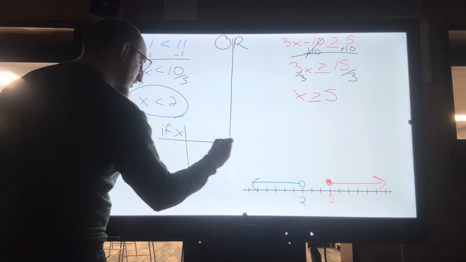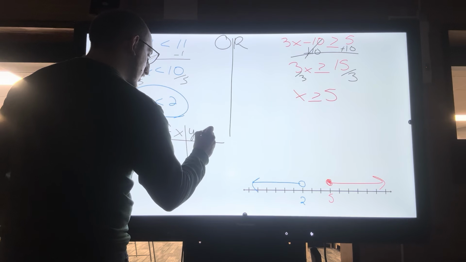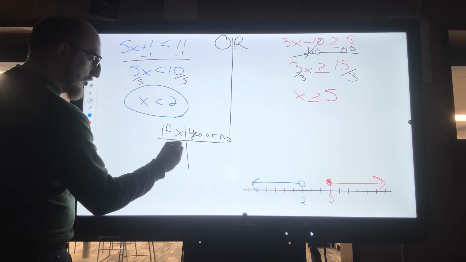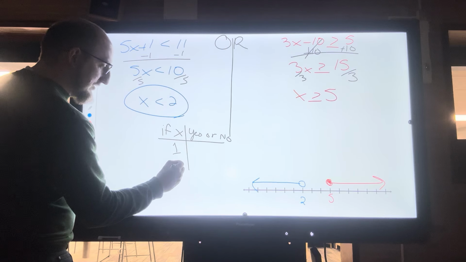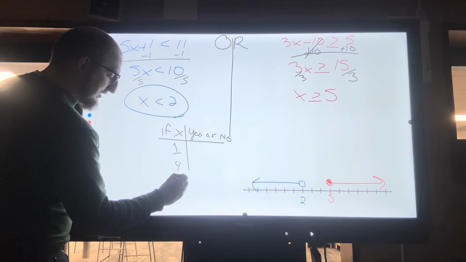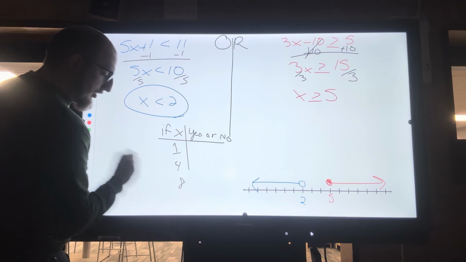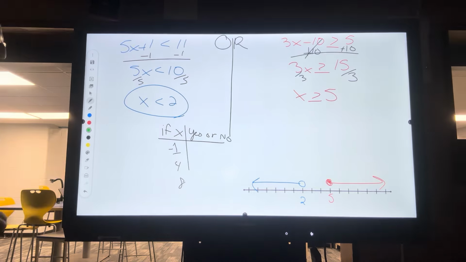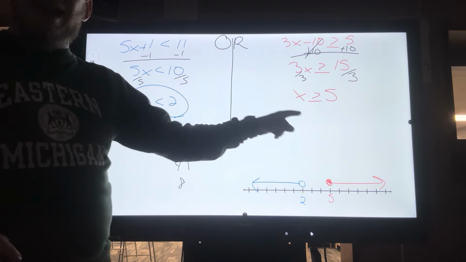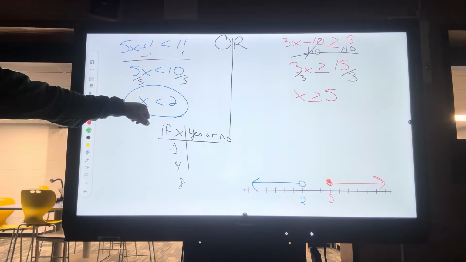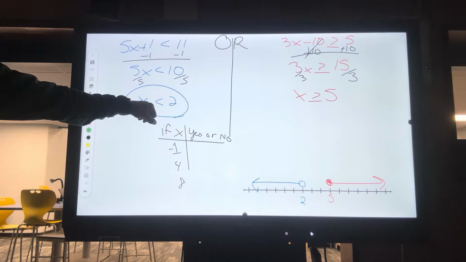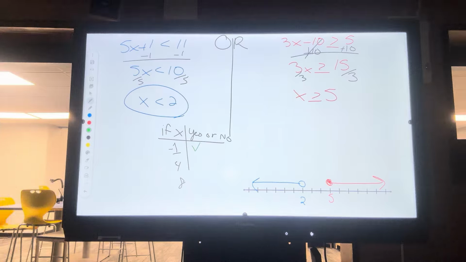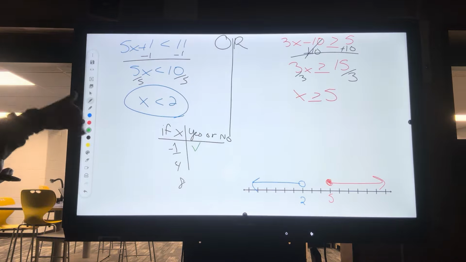If x is 1, if x is 4, if x is 8, sure, let's try that. Let's do x is -1, right? If x is -1, is that going to be on either one of the lines? Well, is -1 less than 2? Check, it works. Boom, it works. Yes.